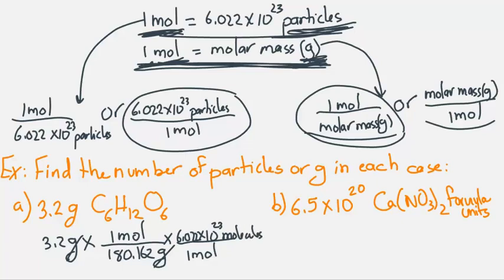Then I simply multiply 3.2 times 6.022 times 10 to the 23 over 180.162. It will be 1.07 times 10 to the 22 molecules.